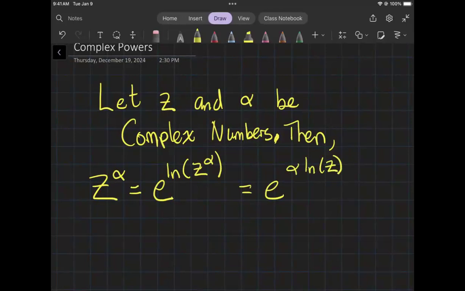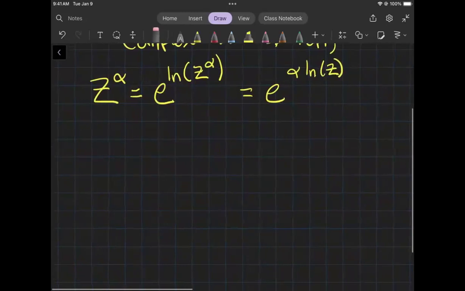Lowercase ln of z is just your normal logarithm of that complex number. So we have to look at various solutions for this exponential. Let's look at an example of how we would compute powers of complex numbers.